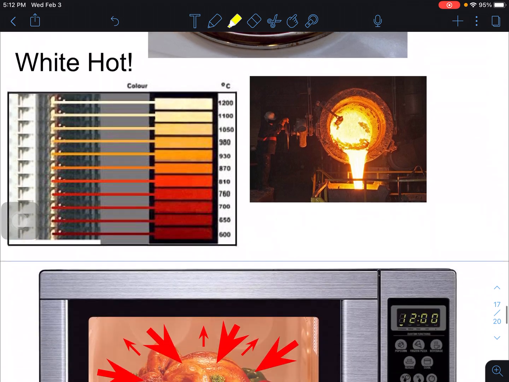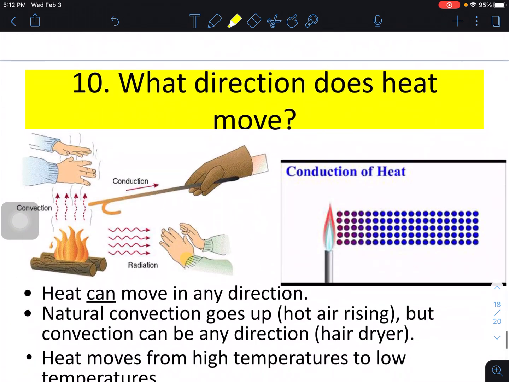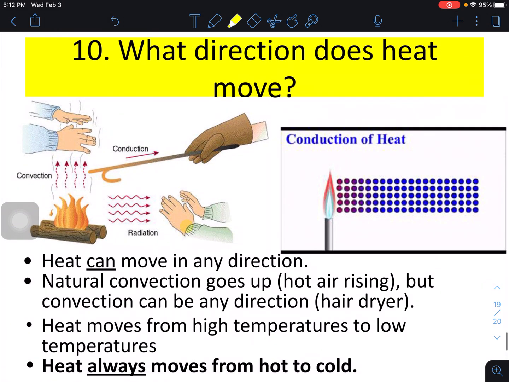Direction that heat moves. This is the key point on the bottom here. Heat always moves from a hotter to a colder place. Whether it's conduction, convection, or radiation, it can move in any direction. Natural heat movement is that hot air rises, but heat moves from high temperatures to low temperatures.